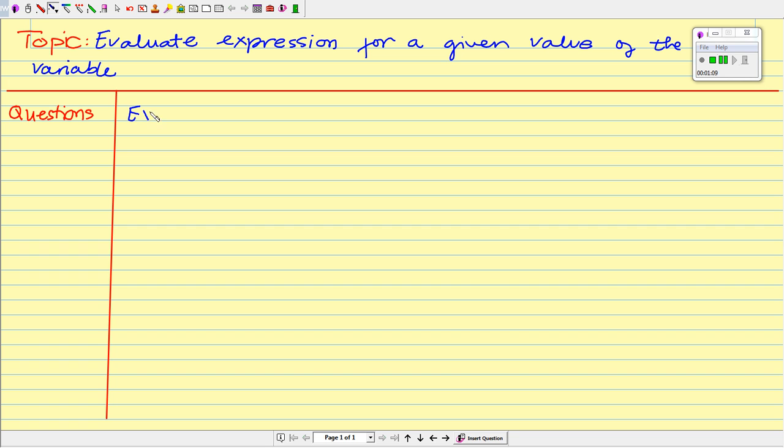Let's start with example 1. Given this expression, negative 5x plus 3, we want you to evaluate this expression for x is 2.